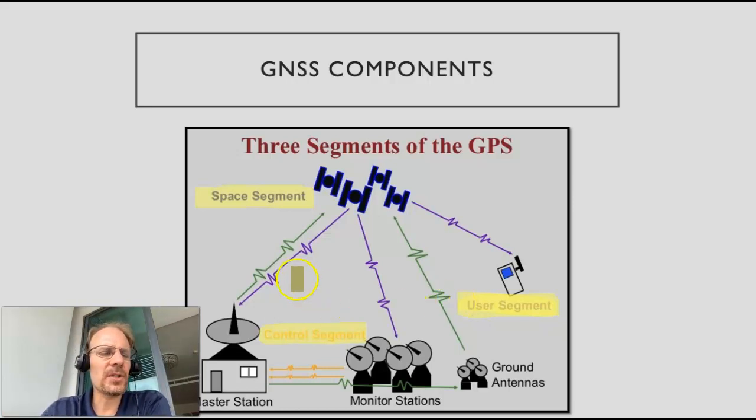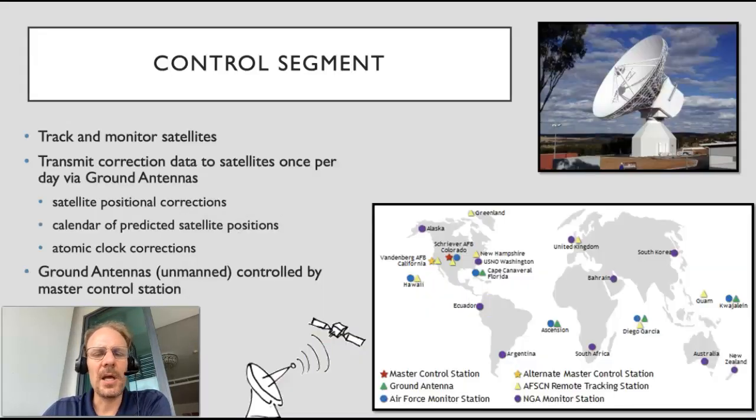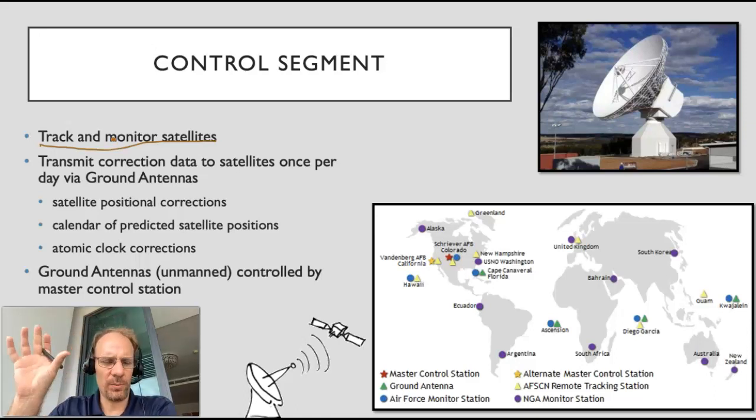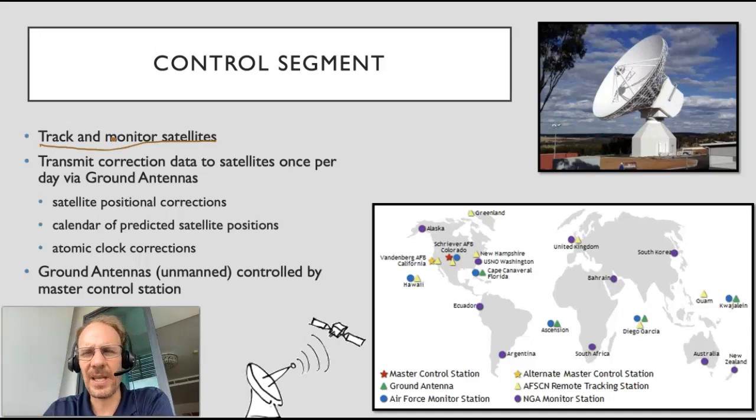Let's first start off by talking about the control segment. The control segment helps to track and monitor the satellites. It makes sure the satellites are where they're supposed to be, because that's how a GPS system is going to be most accurate. Satellites up in space will actually move a little bit. They'll change where they're supposed to be.